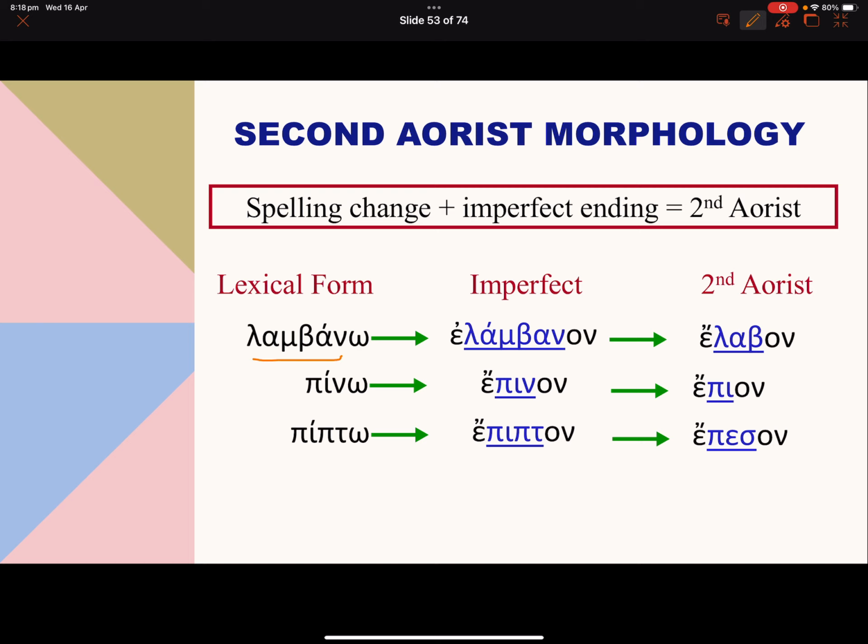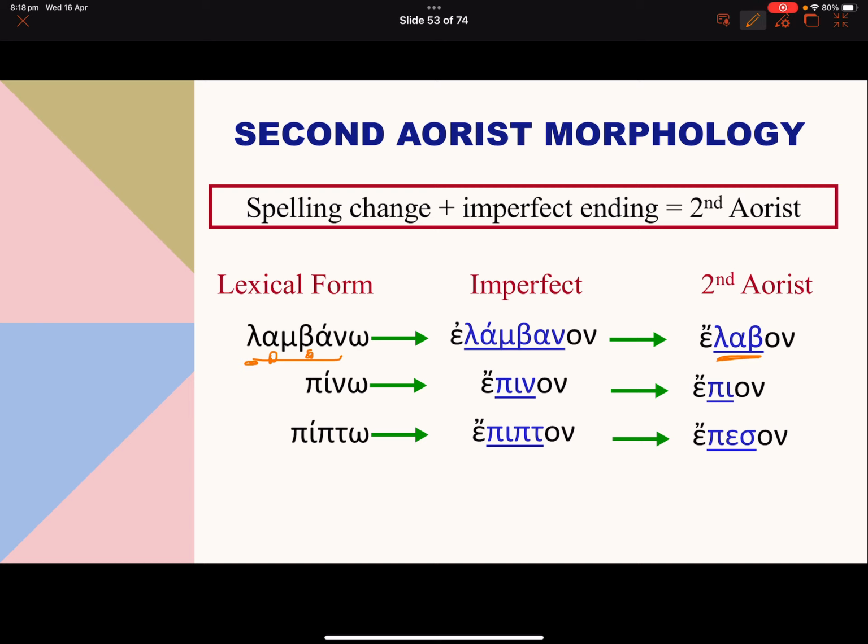However, when the word lambano goes into the aorist tense, for some reason, the stem of this word reduces. It reduces down to a shortened form, and this shortened form is lab. Now, the two are related. You can see you've got the lambda, the alpha, and the beta. So it's a reduced form of that word.